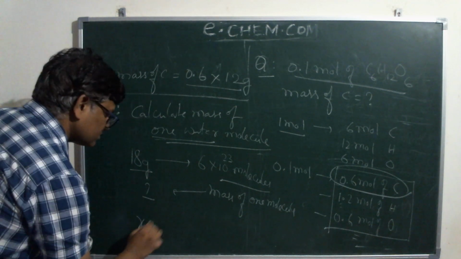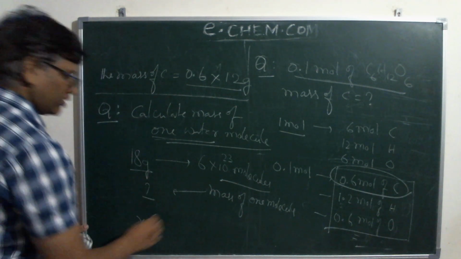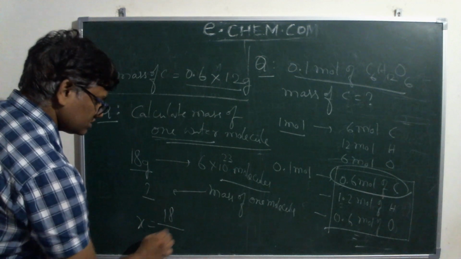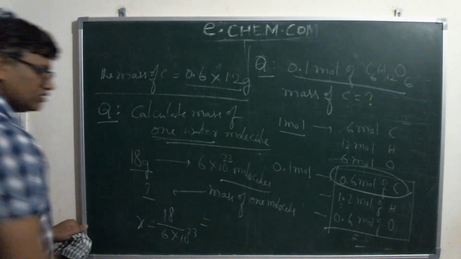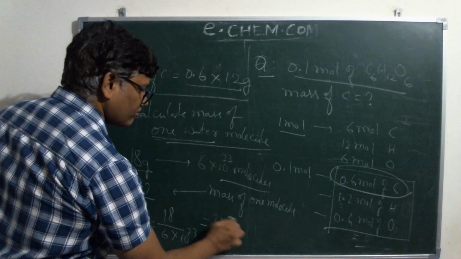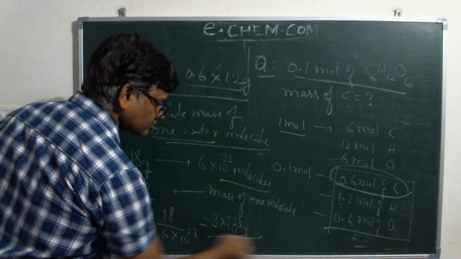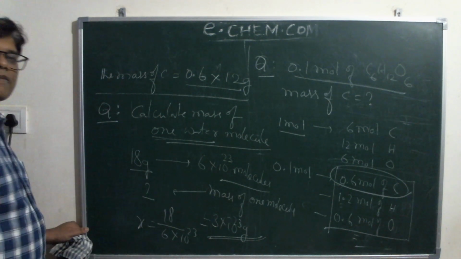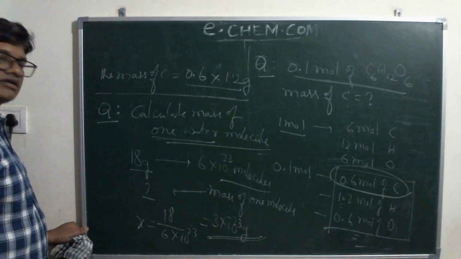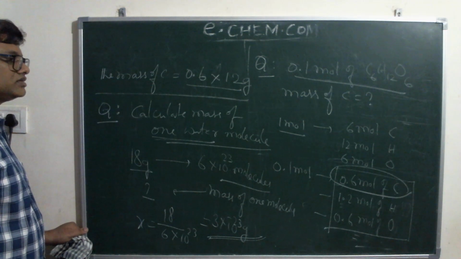That is equal to x, okay, 18 over 6 into 10 power 23, that is equal to 3 into 10 power minus 23 grams. This is the mass of one water molecule. Very little mass we got out here on the calculation.